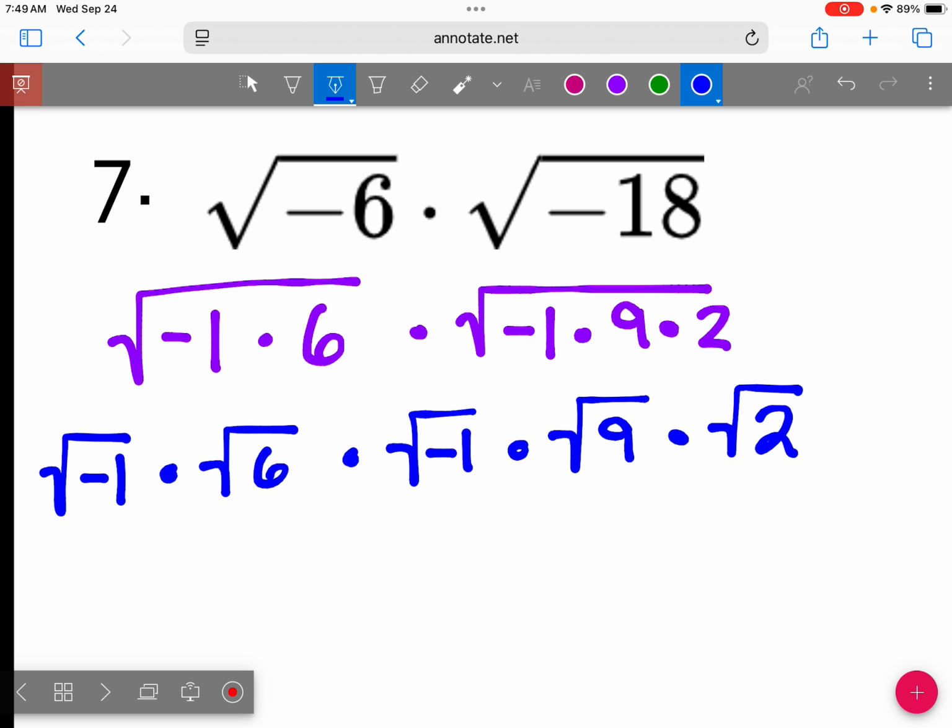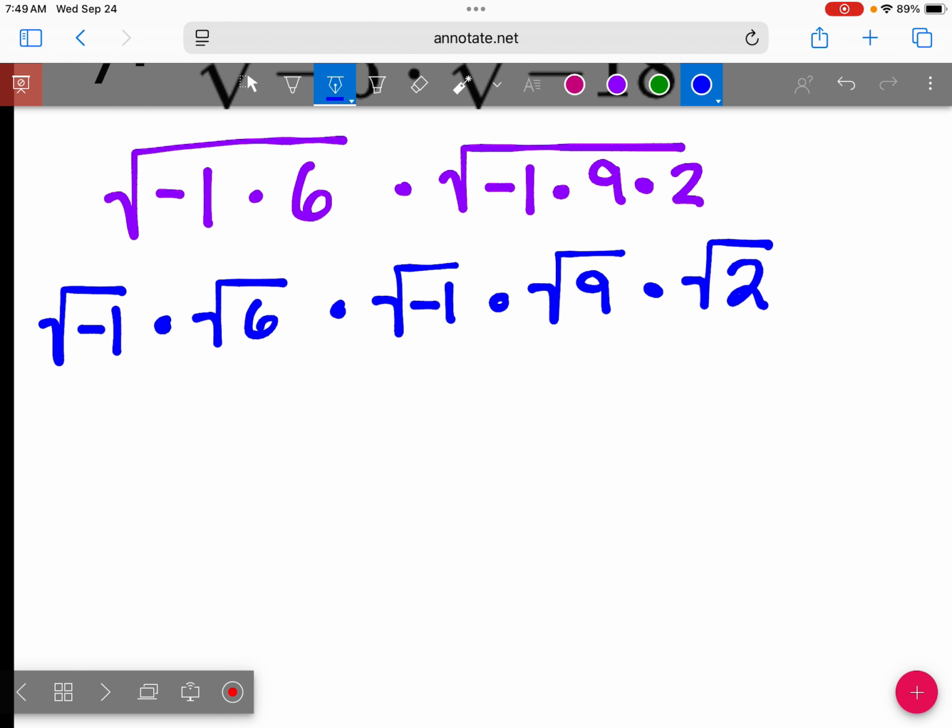There's lots of pieces here. We're breaking these apart into separate pieces. It's really important that we catch that we have 2 square roots of -1. So we've got one i here and another i over here.